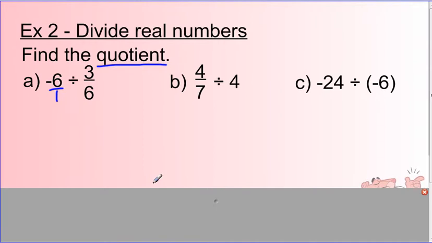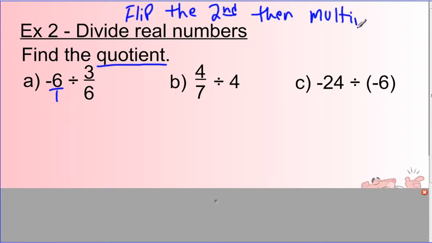The rule for dividing fractions, if you want to write this down someplace, is: flip the second, then multiply. So you flip the second number, you do the reciprocal of it, and then you multiply.